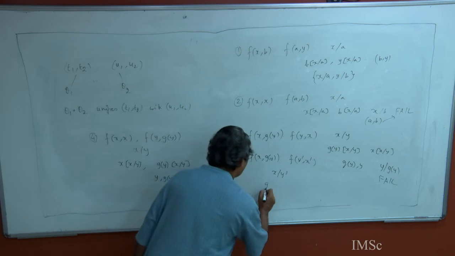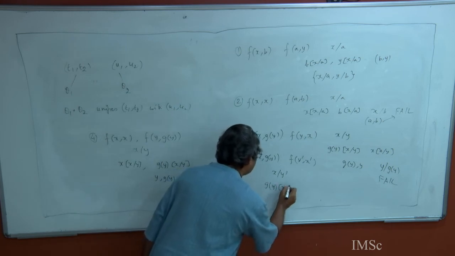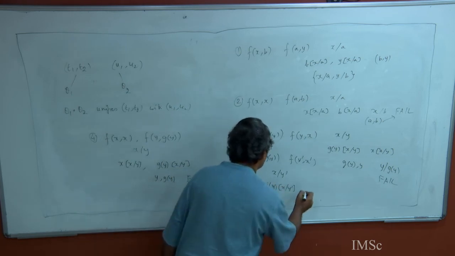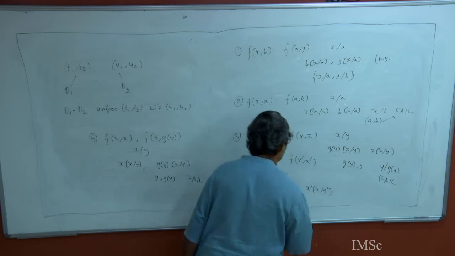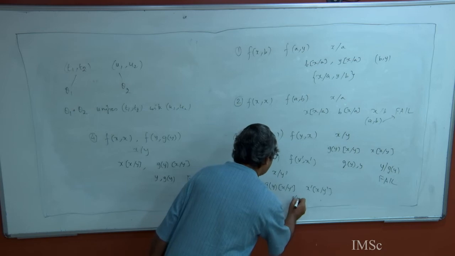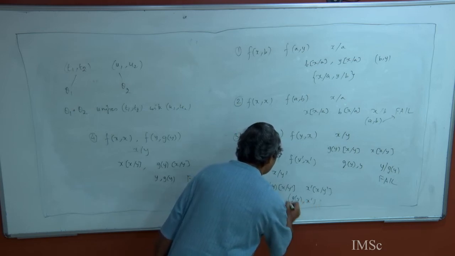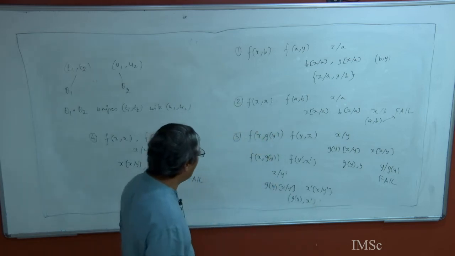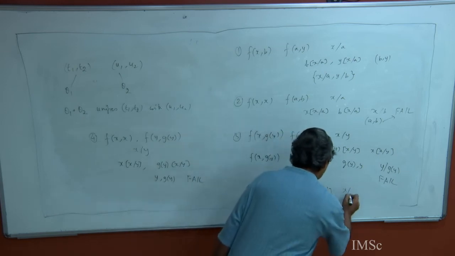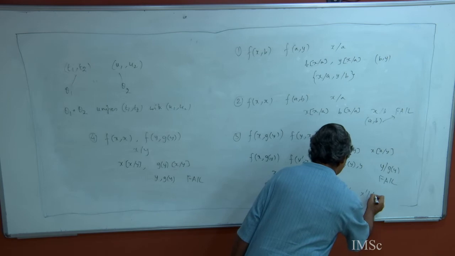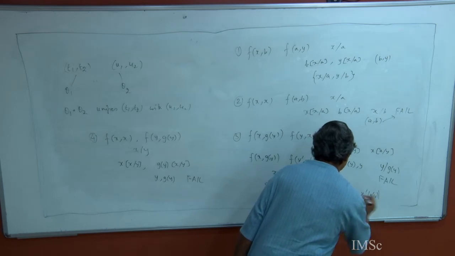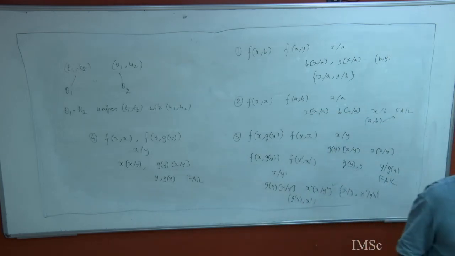Now I am going to have g of y with x replaced by y prime, and x prime with x replaced by y prime, and this gives me no problem at all. You will get x by y, x prime by g of y. So doing variable renaming before will help here.